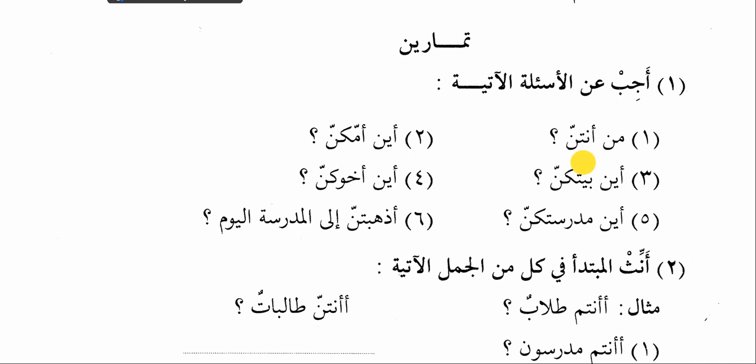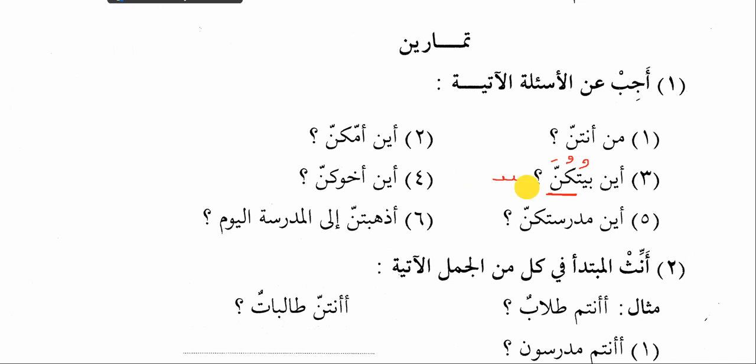Aina Baitu Kunna. Where is your house? So the girl says Baituna. How are you going to answer when anybody asks you Baitu Kunna? So this is all mukhatib asking in front of you. So you will say Baitu Kunna, our house. Sorry, it's not Baitu Kunna, it's Baituna.